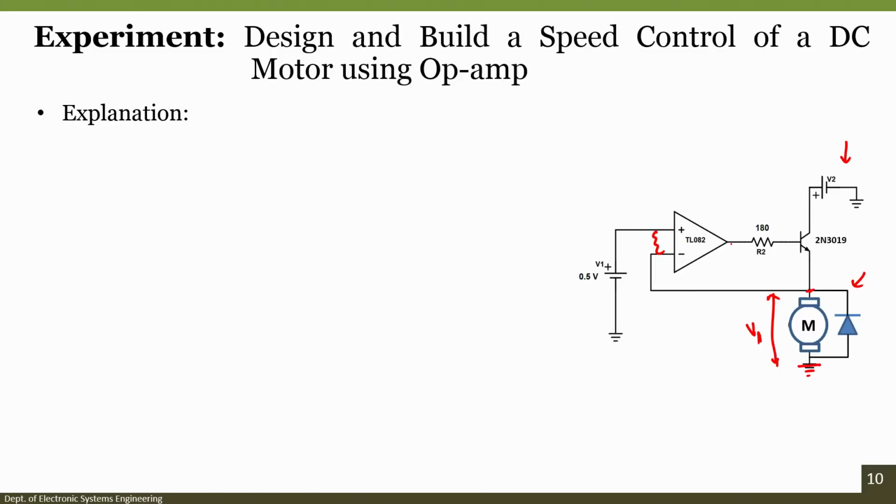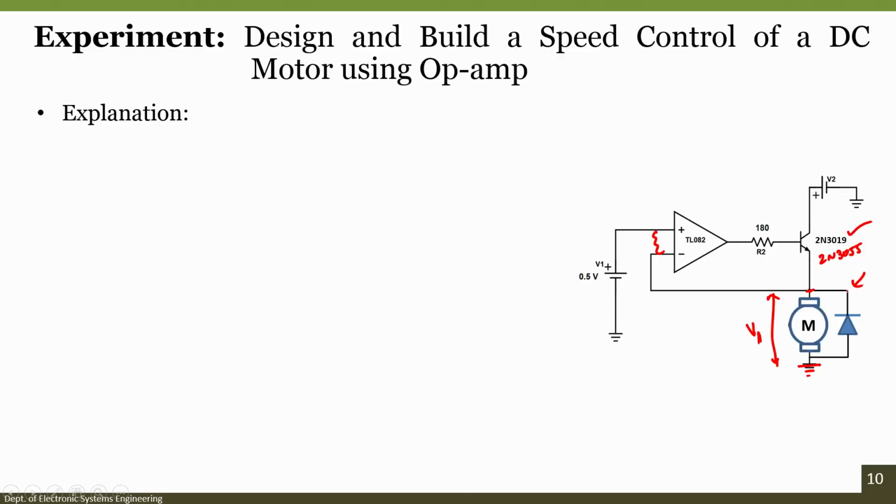The output of the operational amplifier is connected through a resistor to a transistor. In this case we are using 2N3019. It is not compulsory that we always go with 3019; you can go with the 2N3055 or even BC5000, but it should match the requirement. What is the requirement here?